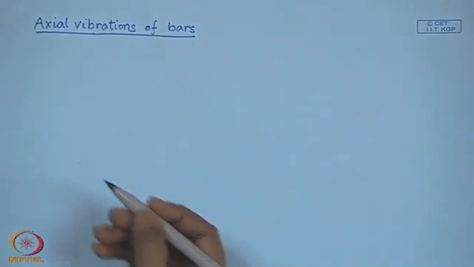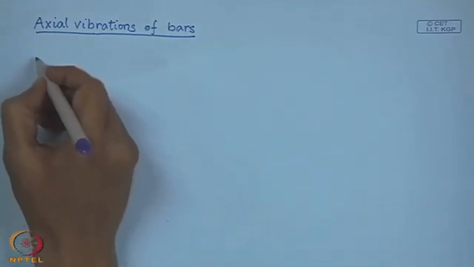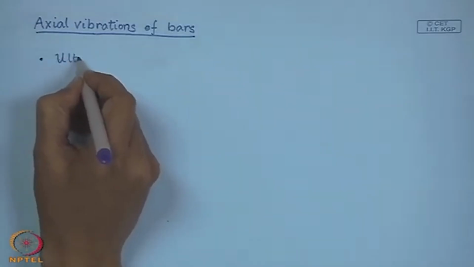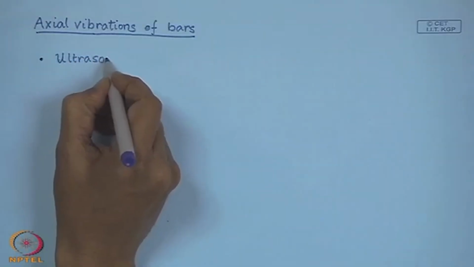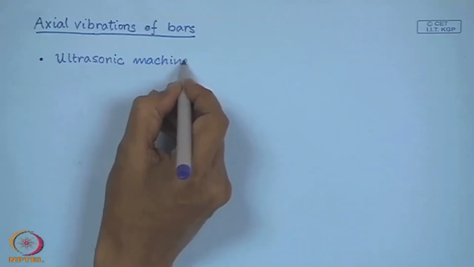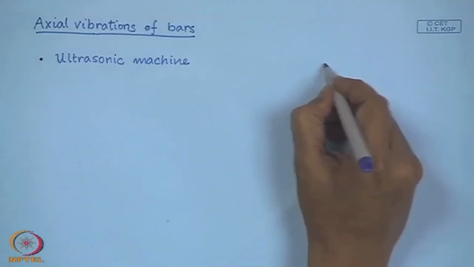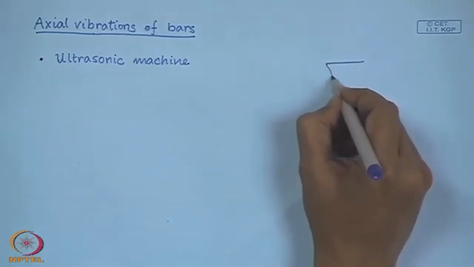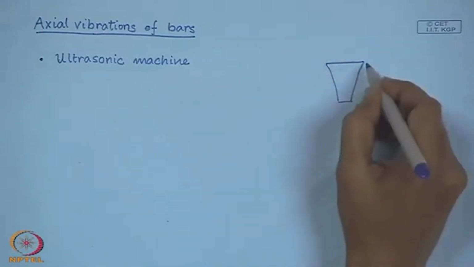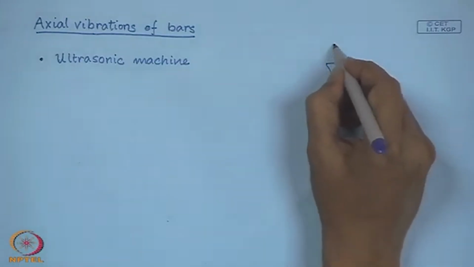So, where do we find bars in axial vibrations? So, some examples are in an ultrasonic machine. So, in an ultrasonic machine, what you have is a bar which is shaped like this, which is connected to an actuator.